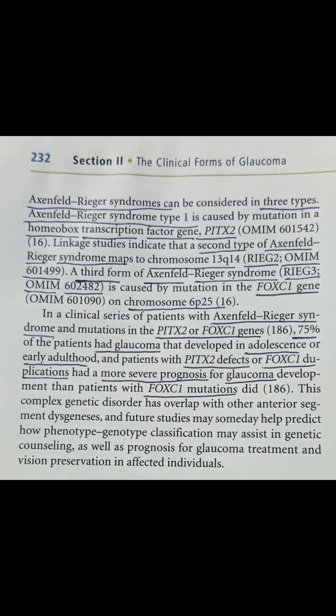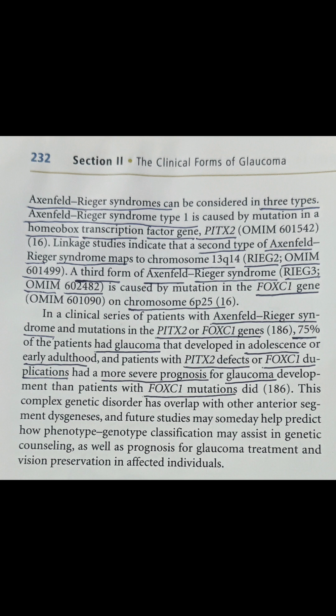A third form of Axenfeld-Rieger syndrome, that is RIEG3 (OMIM 602482), is caused by mutation in the FOXC1 gene (OMIM 601090) on chromosome 6p25.